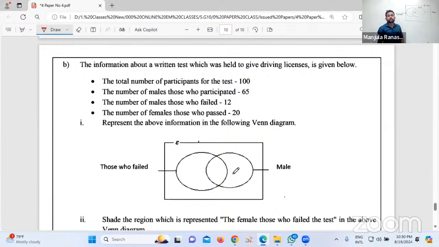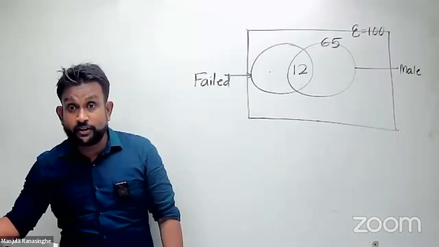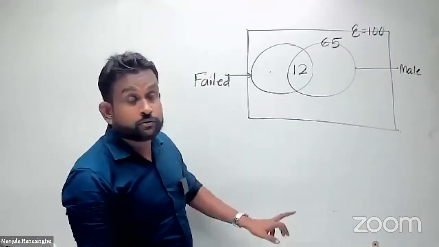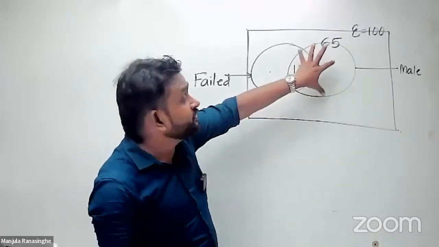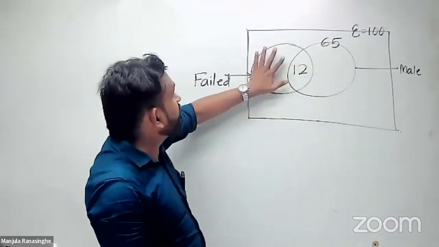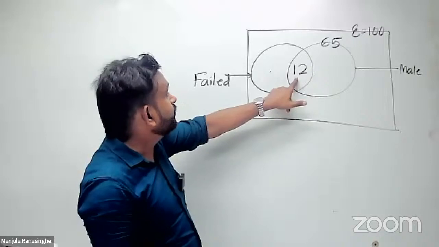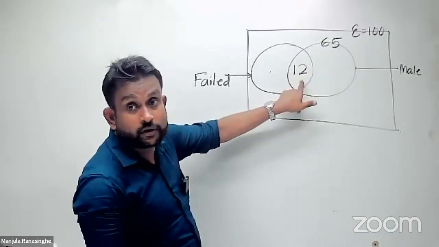Then the number of females who passed. Now check the region here. These are the male, and these are the failed. So what is this region? Failed male. What is this?